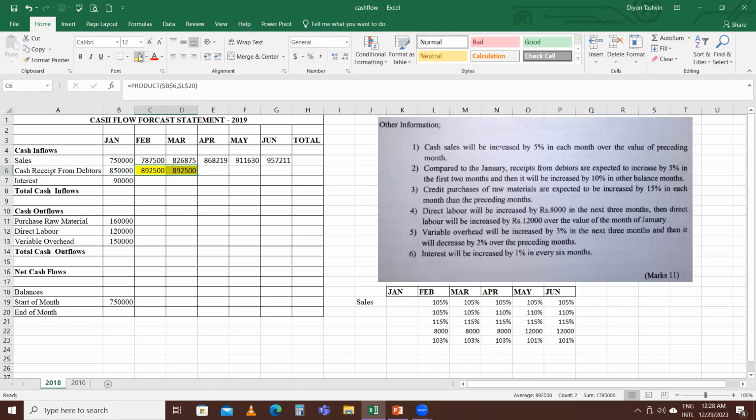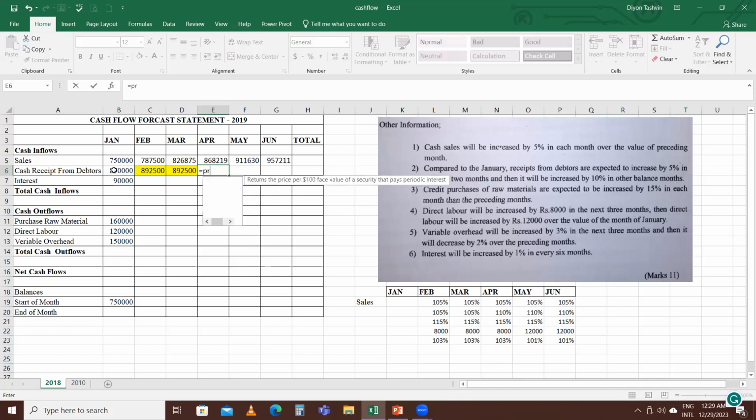Then it will be increased by 10% in the other remaining months. So this figure should increase by 10% in the rest of the months.